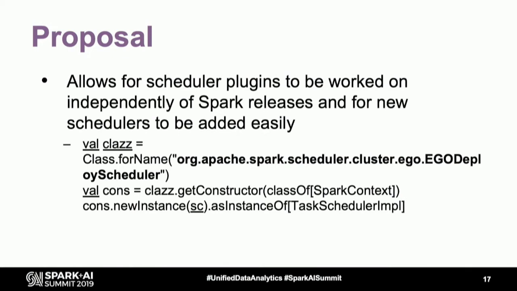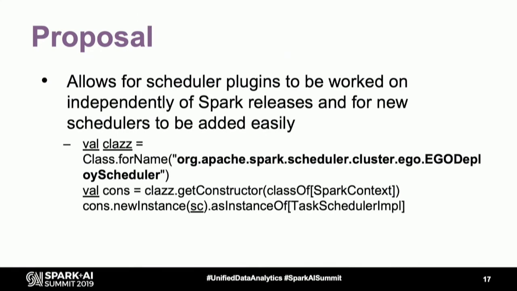And we'd reuse the standalone one if the configuration file isn't there. What we're doing is just a simple Class.forName to load the different class. Then we use that class, get the constructor for the type of object that we want, in this case, SparkContext, and then create a new instance of the class that we want here.